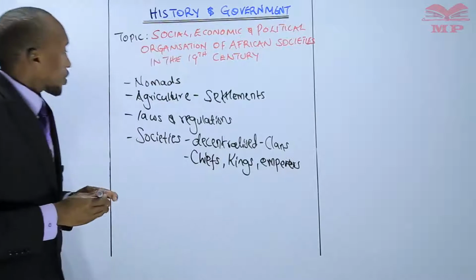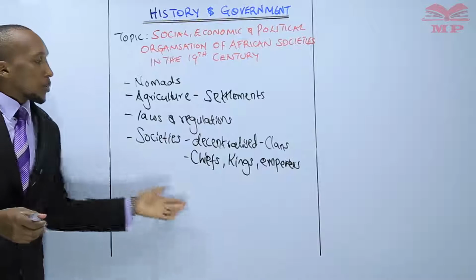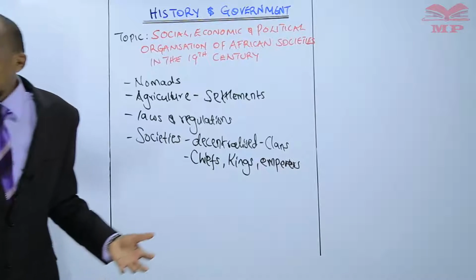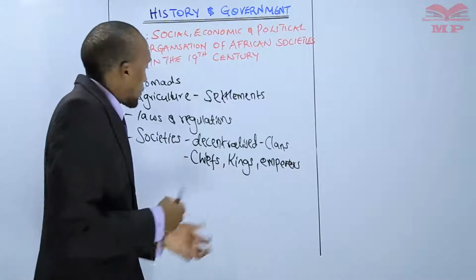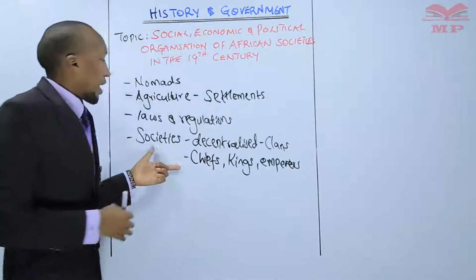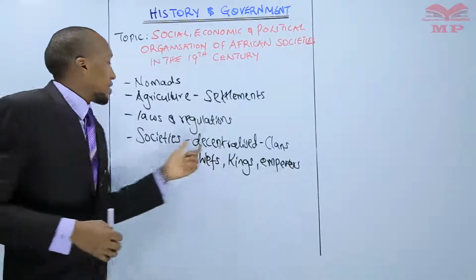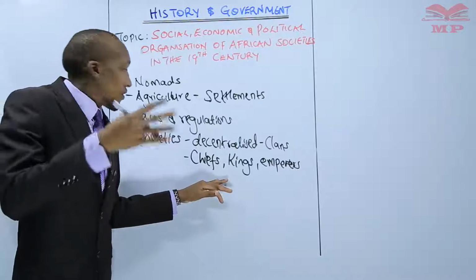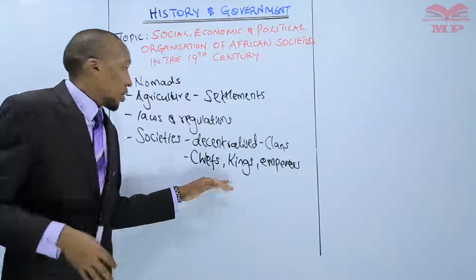These societies lived together and had to organize their resources and their activities together. These larger societies were led by chiefs, or you could have a chief who is an overall leader.